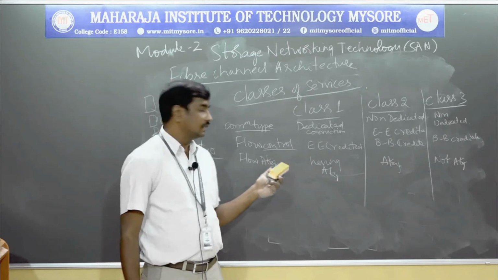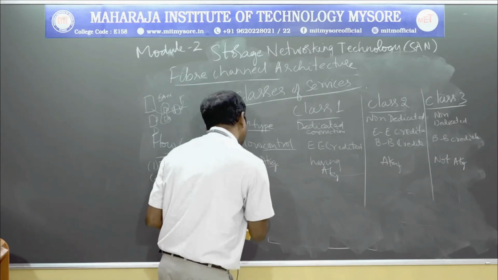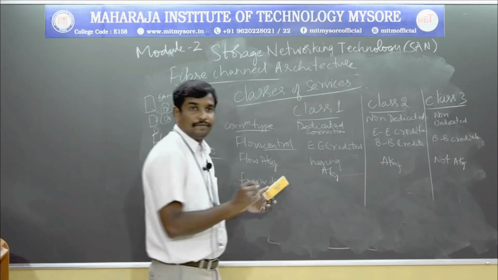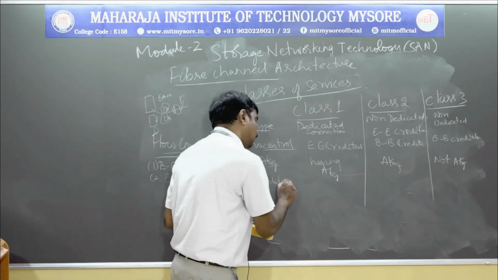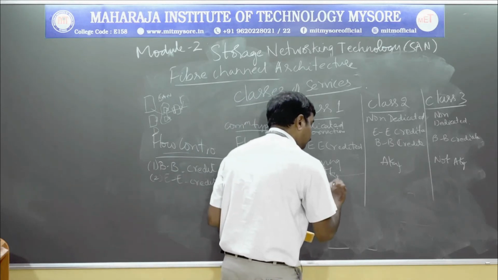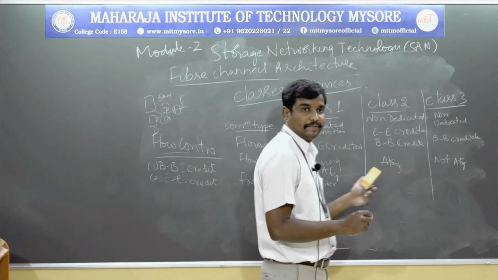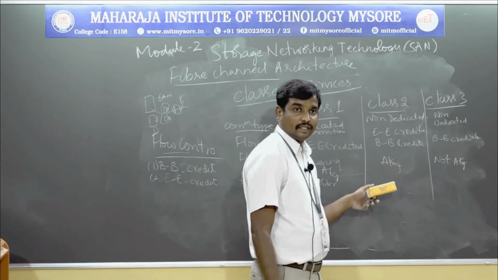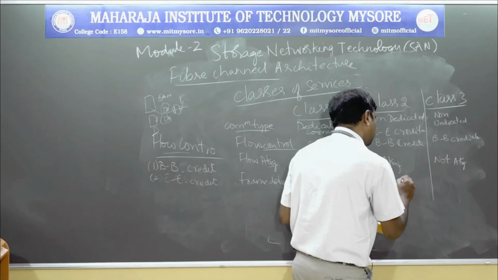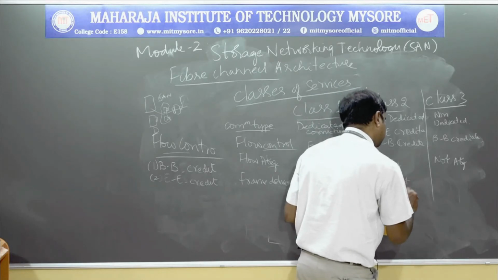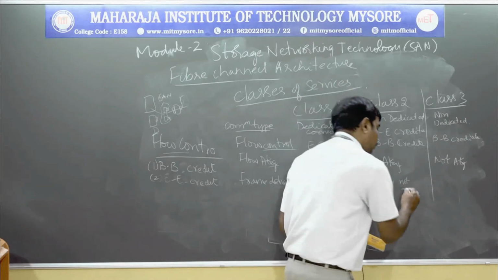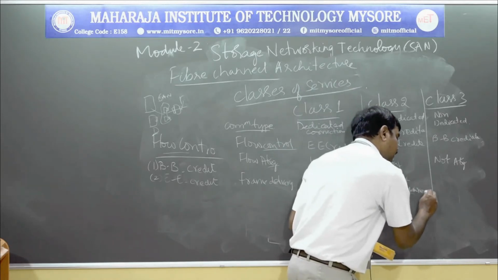As for frame delivery, the frames in class A are delivered in order. In class 2, delivery is in order but not guaranteed. We can't trust that the data is transmitted or not, because it is connecting in the networks.